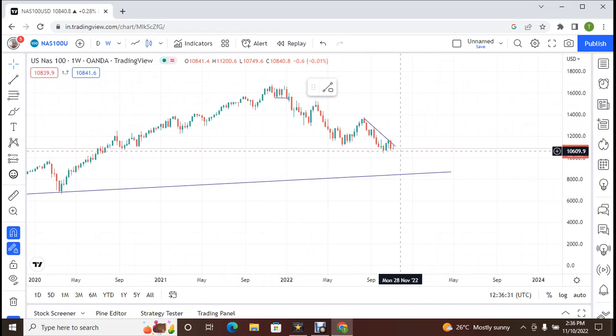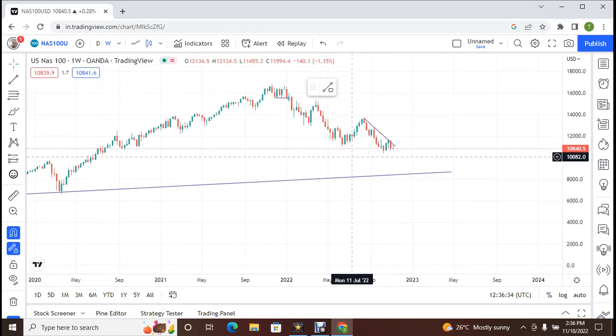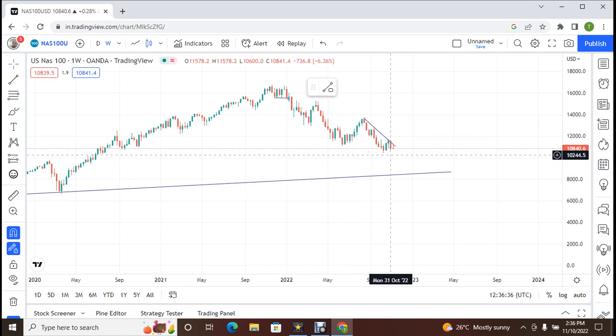So now, if you have a small account and you want to trade on the weekly time frame with a small account, the problem is that your small account can easily get blown.